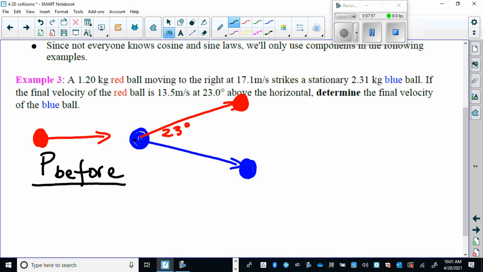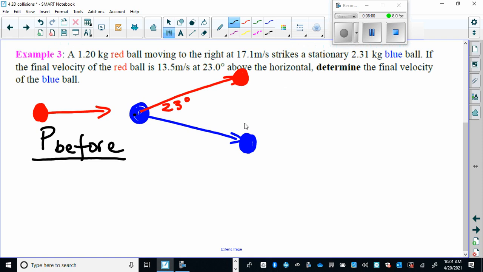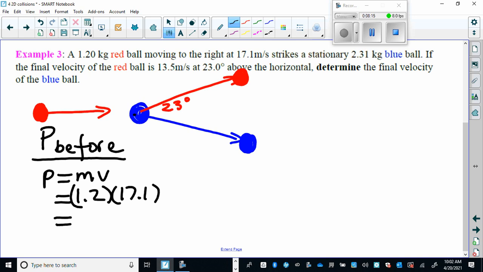And how do we find that horizontal component? Using our momentum formula. Momentum equals mass times velocity. The mass of the red ball is 1.2. The velocity of the red ball is 17.1. We multiply those together and we get 20.52 kilograms meters per second, and we have to acknowledge that that is all horizontal, or it's all to the right.